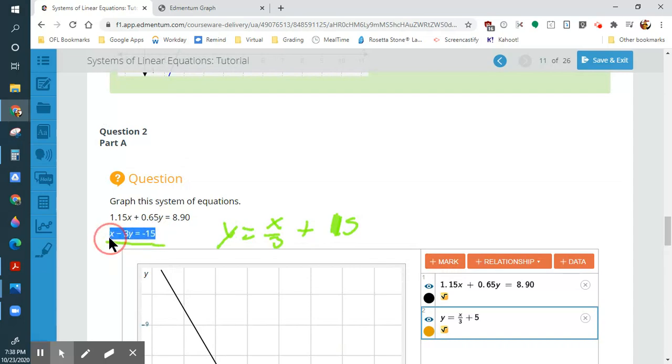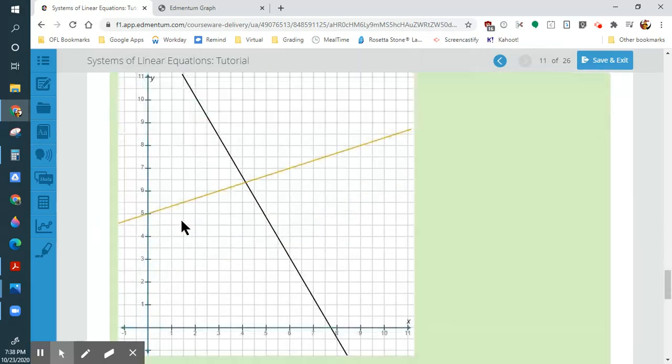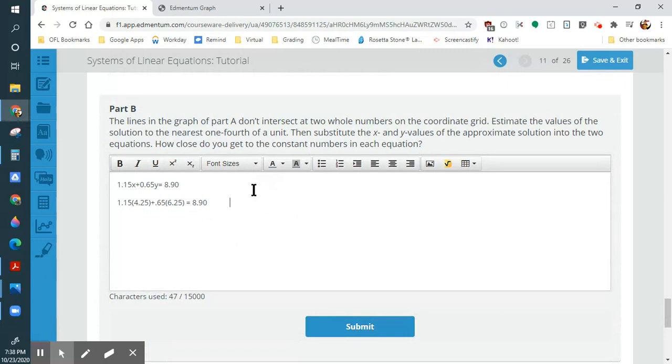And one thing I didn't realize is I could have just copied and pasted it, so I didn't have to keep going back and forth like that. And here I'm going to plug it in. It also makes it easy to see what we're plugging in.